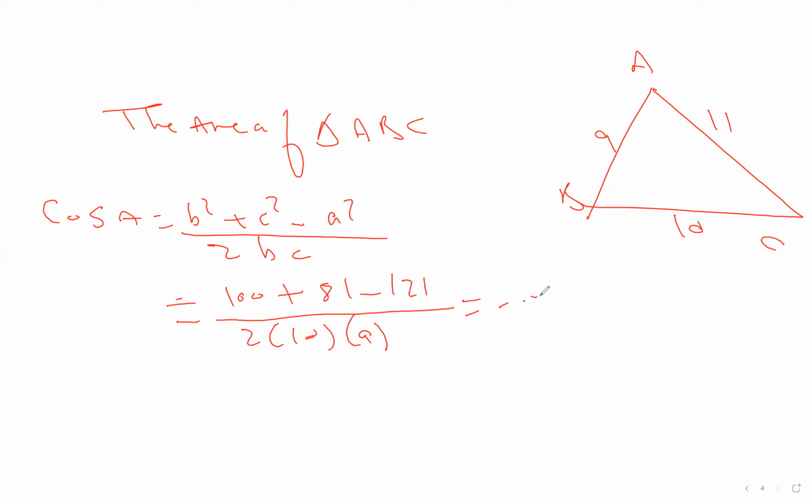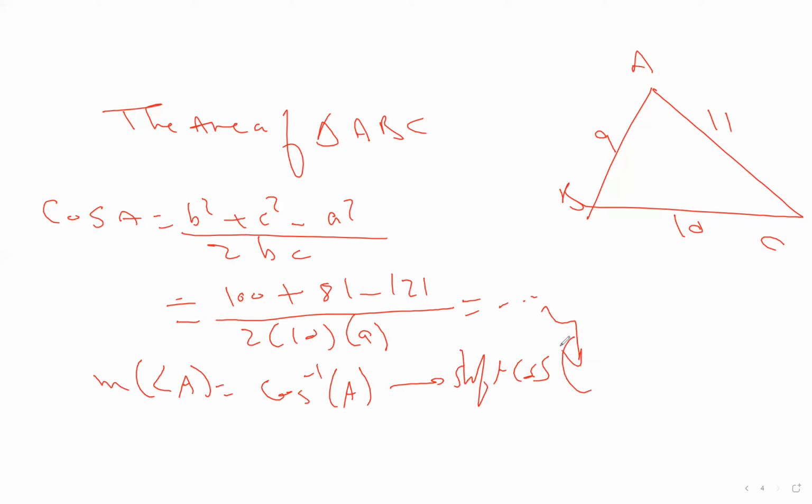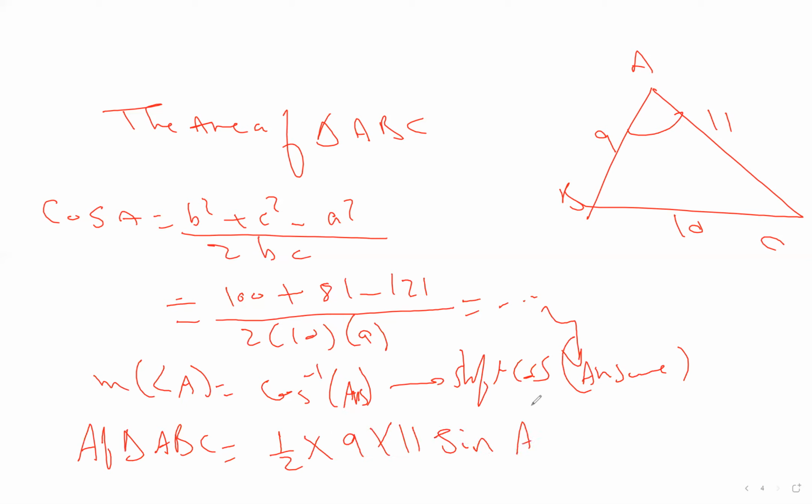From this result you can find the measure of angle A by using cosine to the power of negative 1, or shift cosine of this answer. And when you have the angle, you can use the rule: area of triangle ABC equals half times 9 times 11 sine A. And you already have the measure of angle A from the previous step.